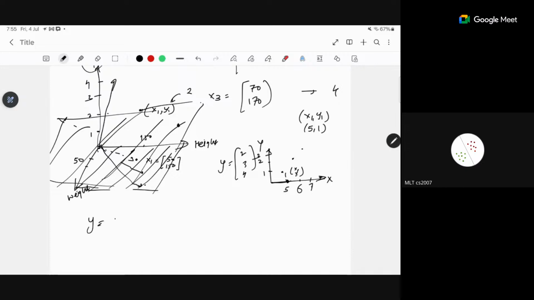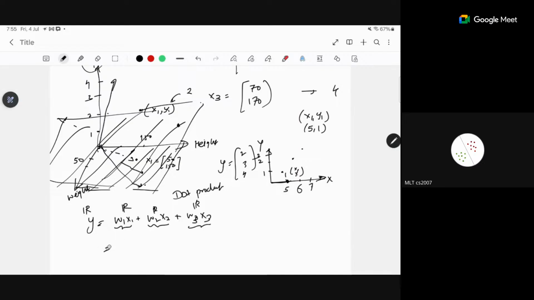So y will be what then? w1 x1 plus w2 x2 plus w3 x3. And this is a dot product. They are scalars, so w1 x1 is some real value, this is another real value, and this is another real value, so the final product will be a real value.